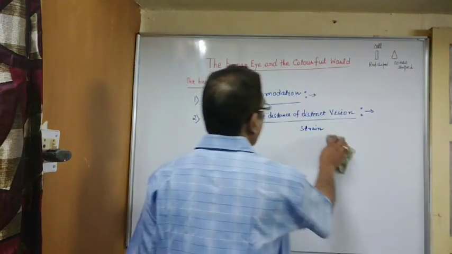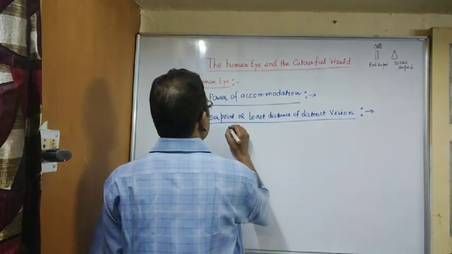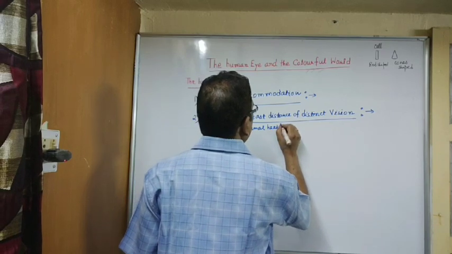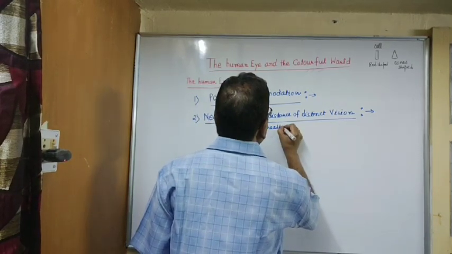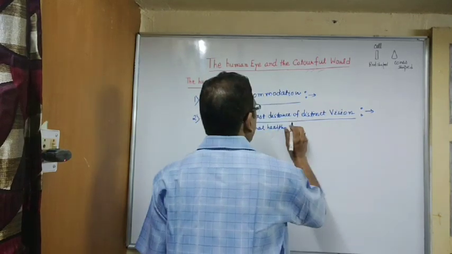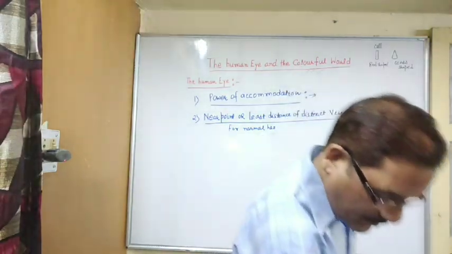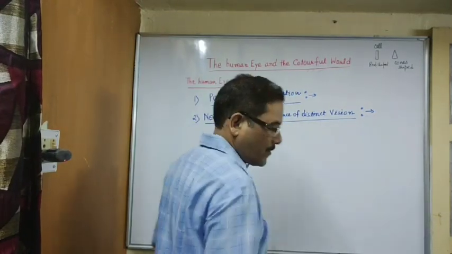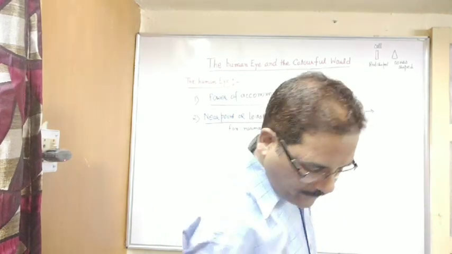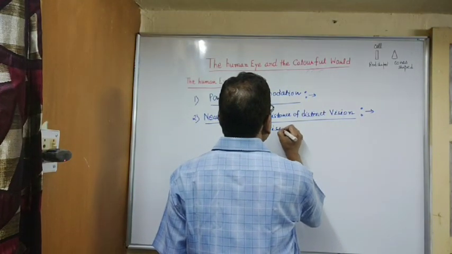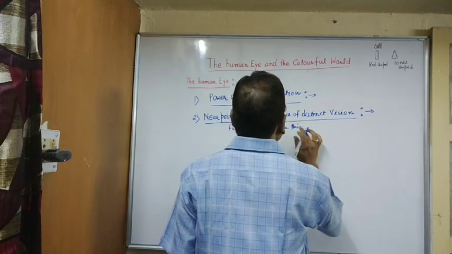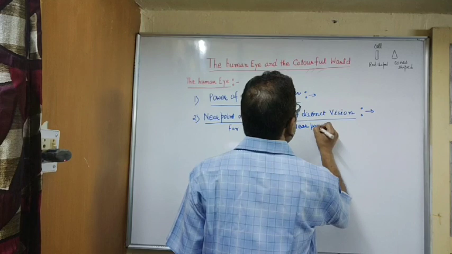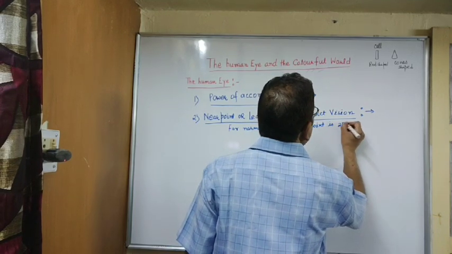Now for normal healthy eye vision, this, or you can say near point, is 25 centimeter.